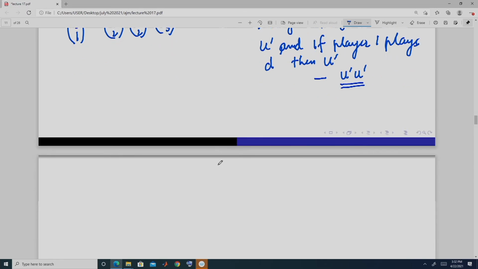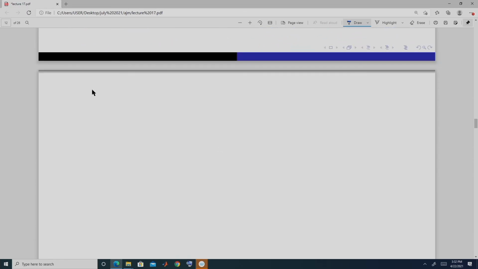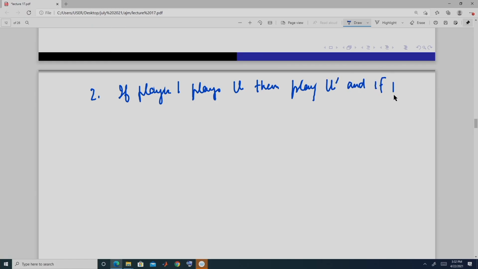Then we can specify the second strategy. Second strategy is, if player 1 plays U, then play U dash, and if player 1 plays D, play D dash.